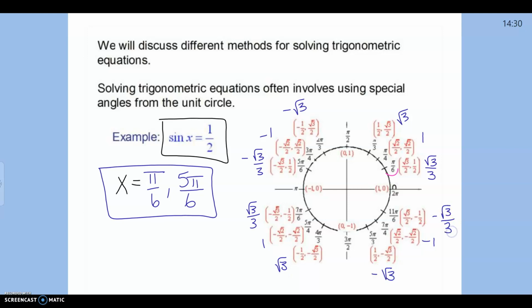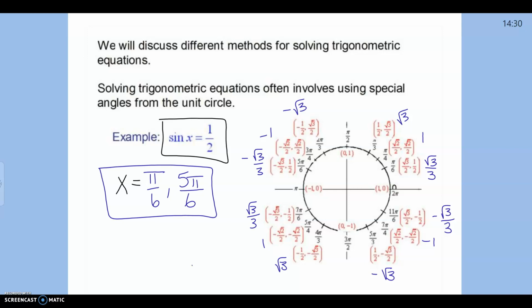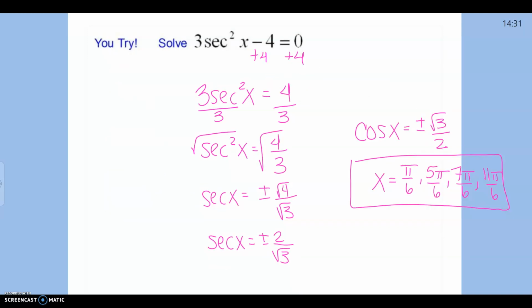Okay, so when we're looking at our tangents, I'm looking for everywhere my tangent is square root of 3. So everywhere tangent is square root of 3, that would be here, and then that would also be here. So my answers would be pi over 3 and 4 pi over 3.